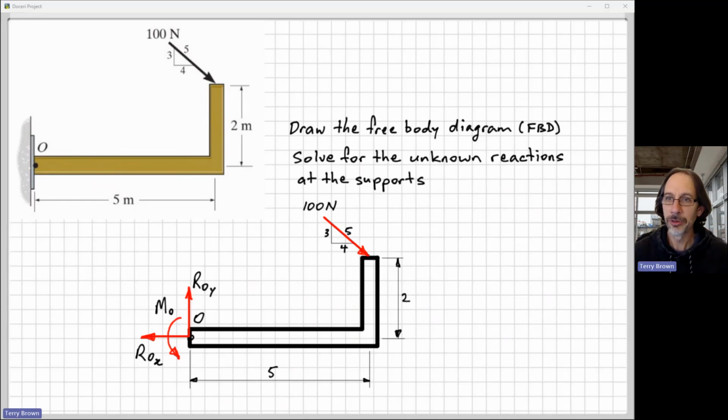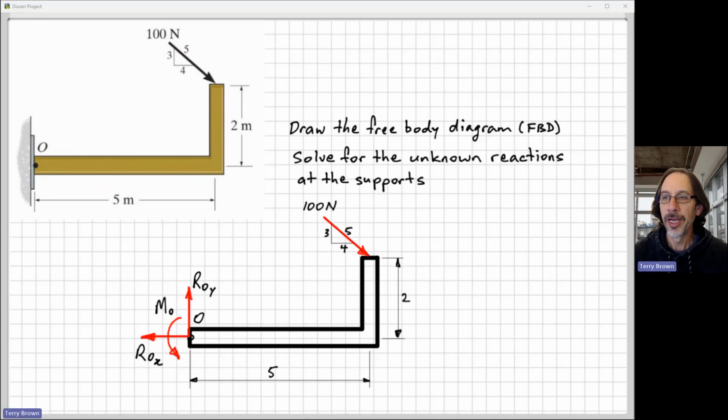So here we need a moment to be anti-clockwise. Again, if you've got lots of forces and other moments acting on this thing and you don't know, it doesn't matter. Just assume a sense for the unknown moment, and then your algebra and your final answer will tell you whether it should have been the other way or not.